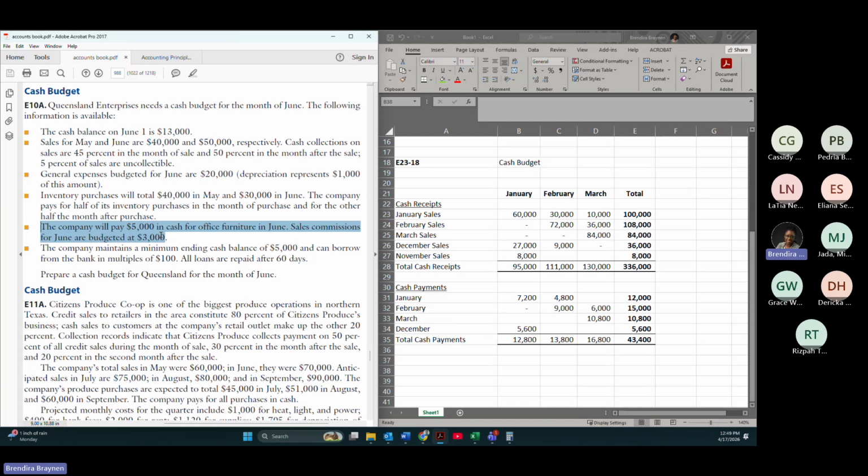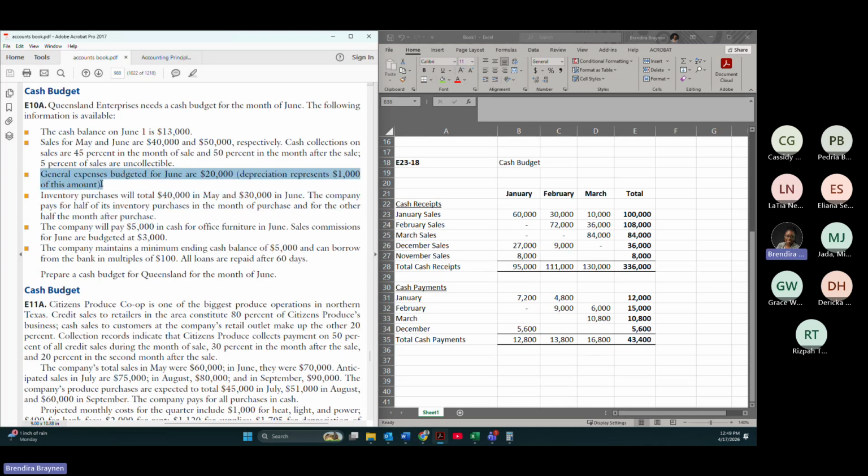Here, they just say that the company will pay 5,000 in cash in June. So in June, we take out 5,000 in cash related to office furniture. Sales commission is budgeted at 3,000. So that means we expect to pay $3,000 in June for sales commission. So there's no calculating 50-50 on these, only 50-50 on the inventory amounts, because that's where the 50-50 is applied.